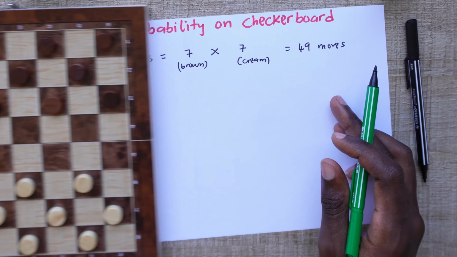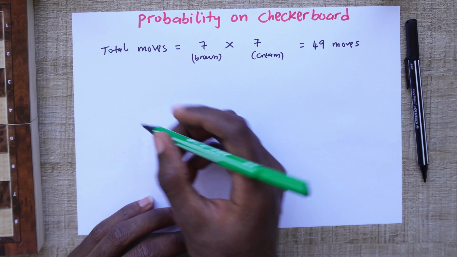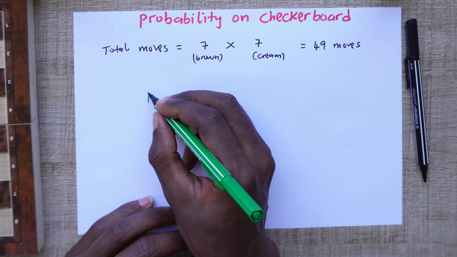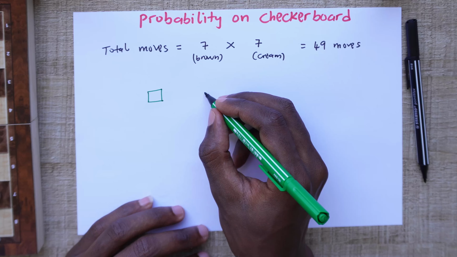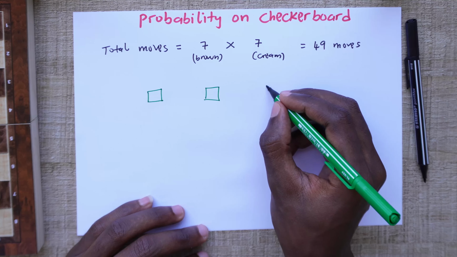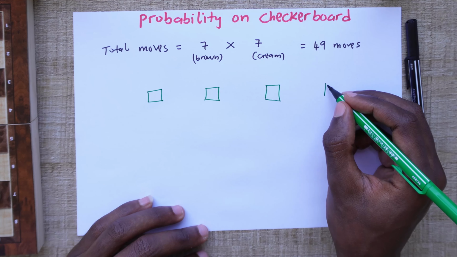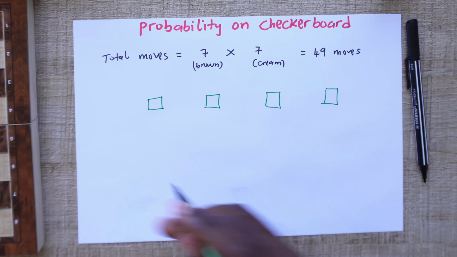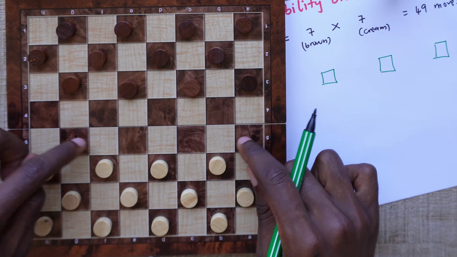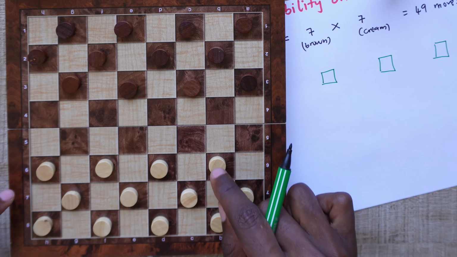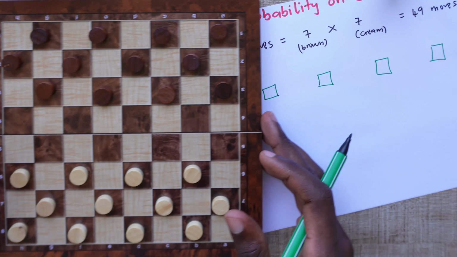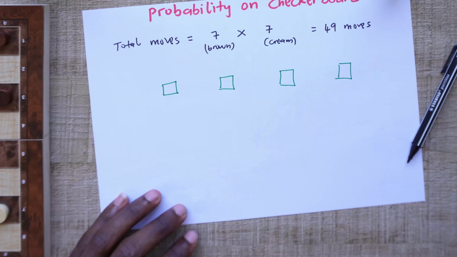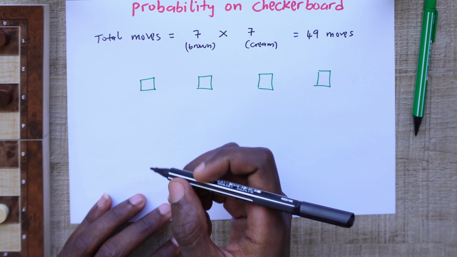So I'll try to represent them here. So we have 4 slots: 1, 2, 3, and 4, corresponding to these 4 slots. And then we have 4 pieces that are just shifted diagonally backwards. So I'll represent that with another color.